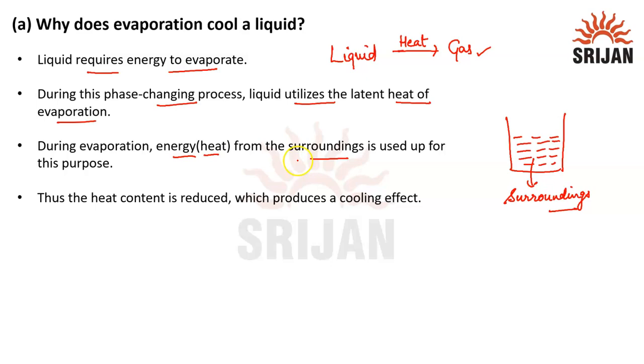So when this heat is used from the bulk of the liquid, the heat content of the liquid will reduce, meaning heat is lost in order to convert it to vapor phase. For evaporation to happen, the heat will be taken up from the bulk of the liquid only, which produces the cooling effect. So that is why we can say evaporation cools a liquid.